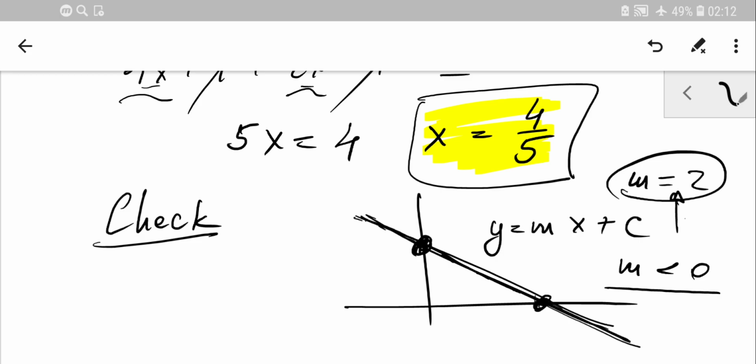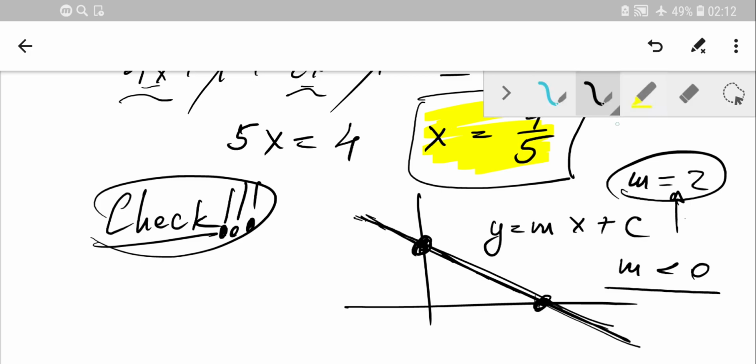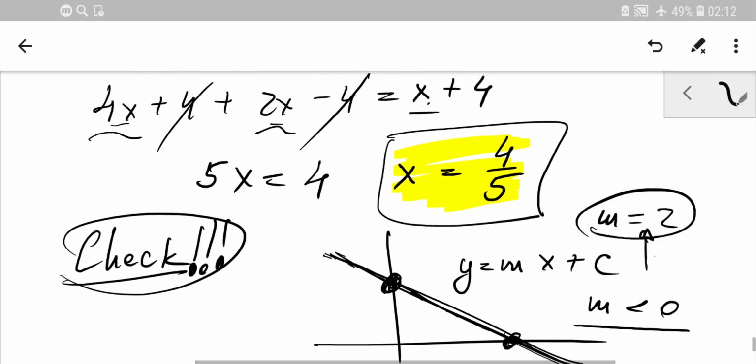So that's why you do a check. The check will help you to redo your problem one more time.